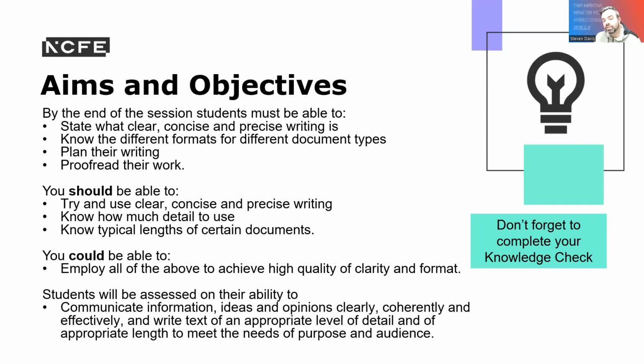You should be able to employ all of the above to achieve high quality of clarity and formatting. Students will be able to communicate information, ideas, and opinions clearly, coherently and effectively, and write text of an appropriate level of detail and an appropriate length to meet the needs and purpose of the audience. Don't forget to check your answers.